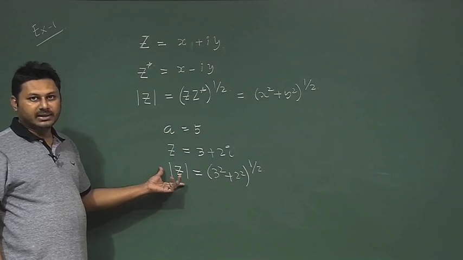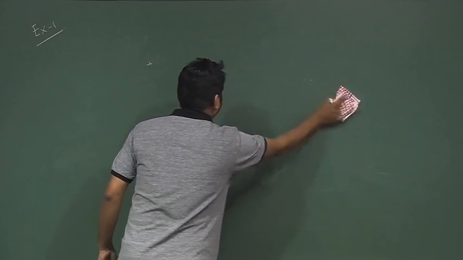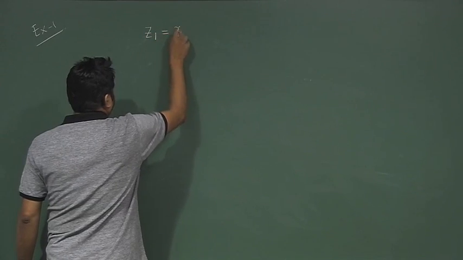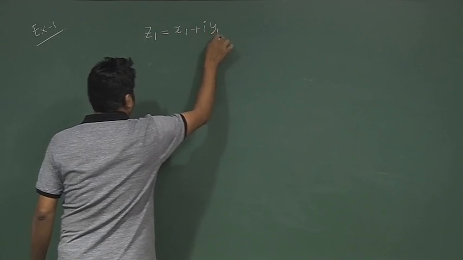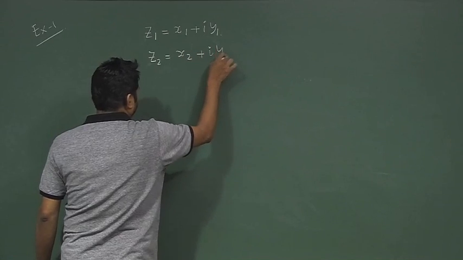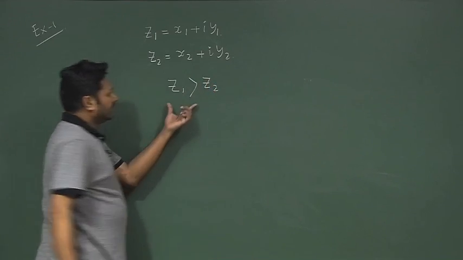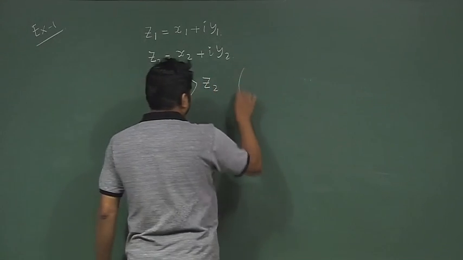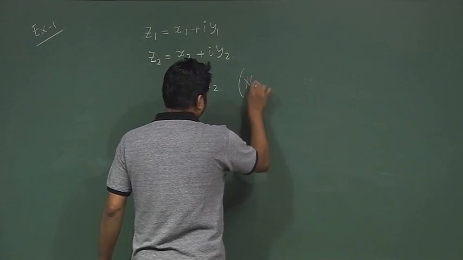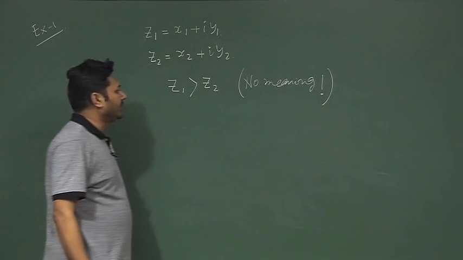But you should remember one thing. Let me conclude with this important point: if I say some z1 which is x1 plus iy1 and some z2 which is x2 plus iy2, and I say z1 is greater than z2, this argument has absolutely no meaning.